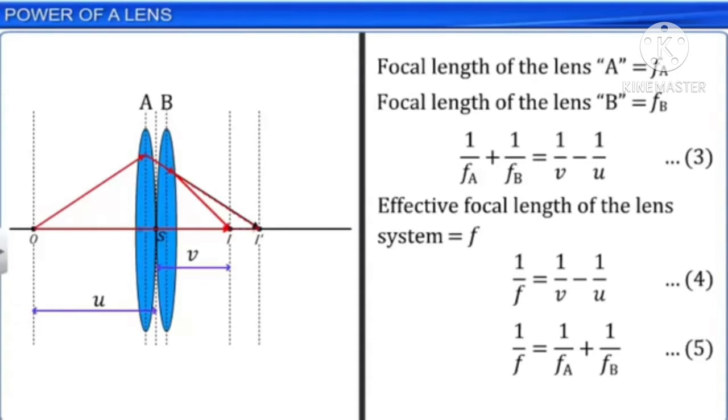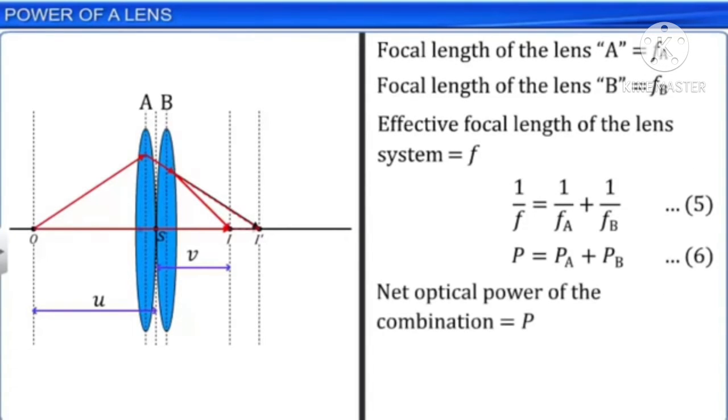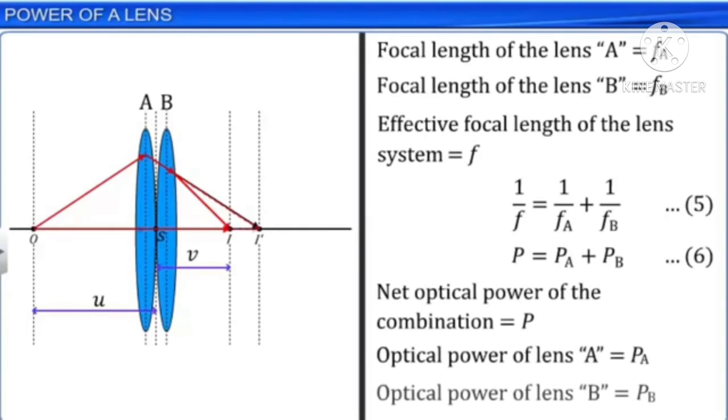For a system of n lenses in contact, we can write equations 5 and 6 as 1 by F is equal to 1 by F1 plus 1 by F2 plus so on up to plus 1 by Fn. And P is equal to P1 plus P2 plus so on up to plus Pn.